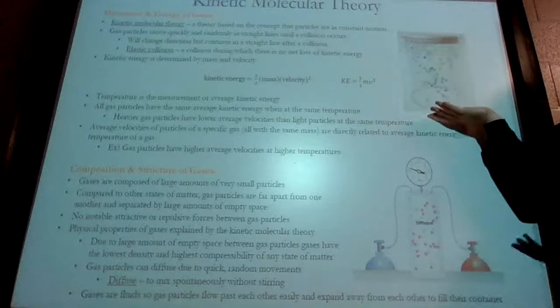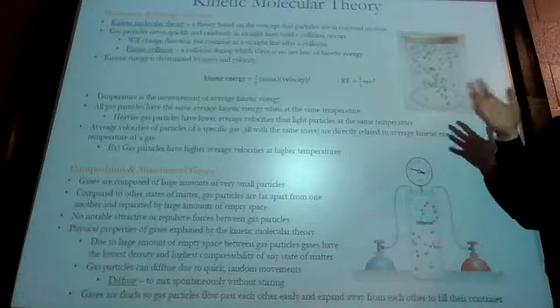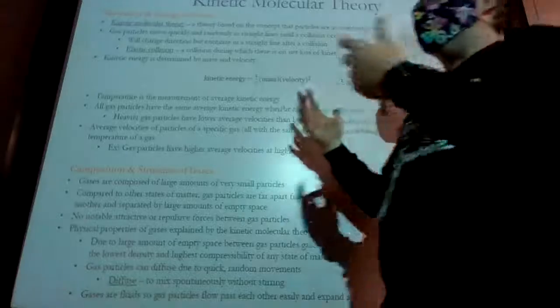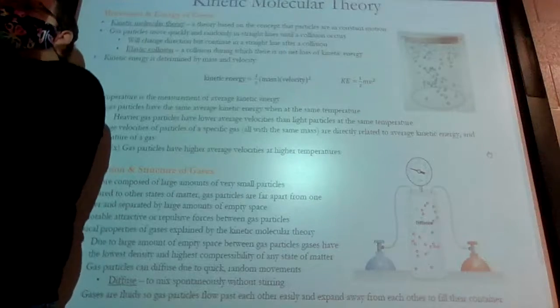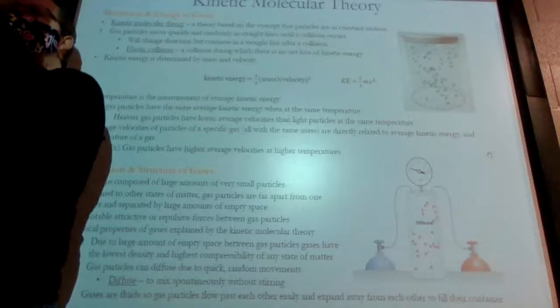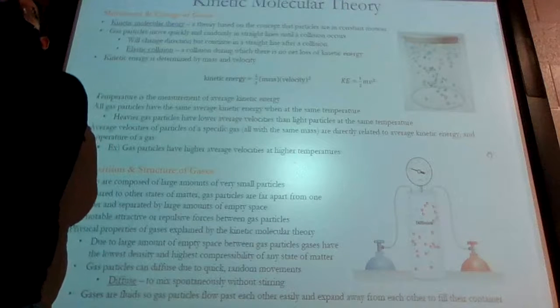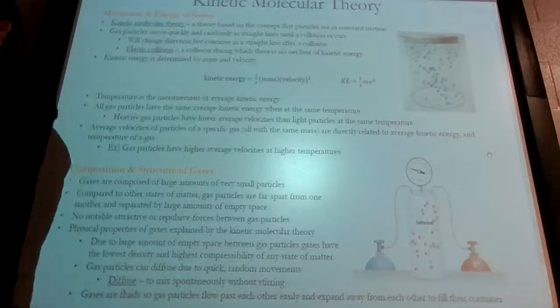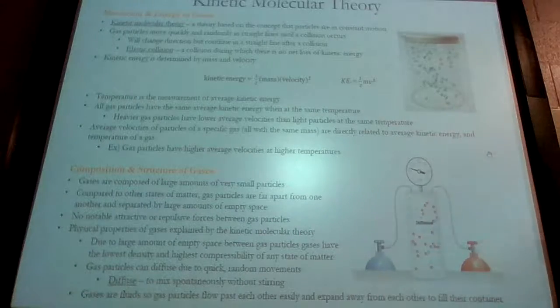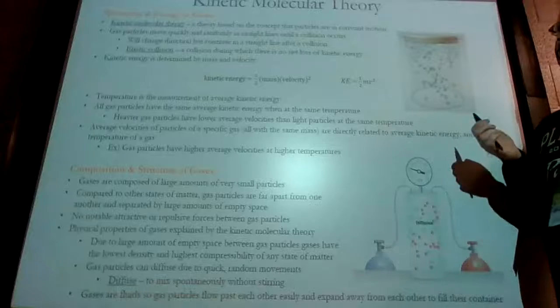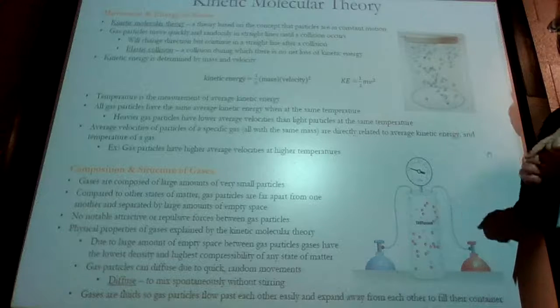They're never just going to fall to the bottom. Even in solids, where my molecules can't move past each other or switch places, they're still moving. They're vibrating in place, and that's what gives them their temperature. So all molecules are always moving, unless you get down to 0 Kelvin, which we'll talk about later.